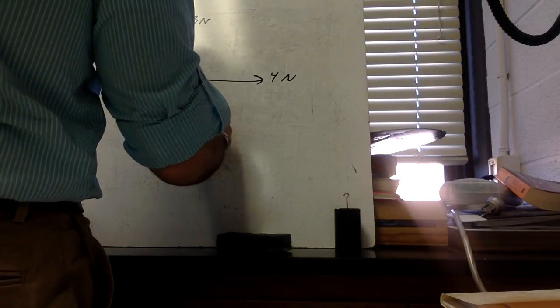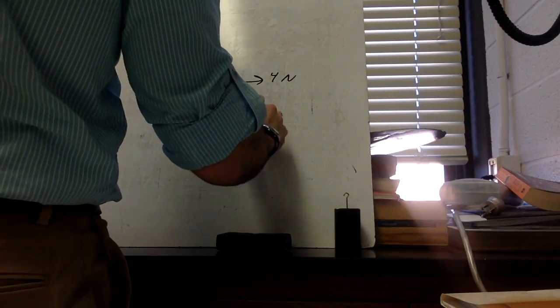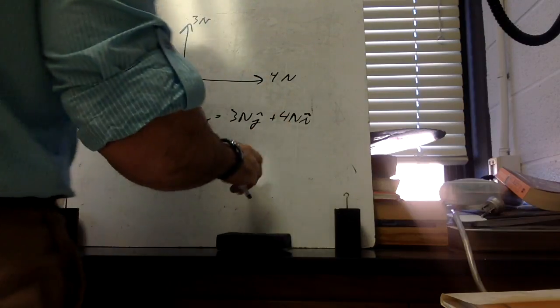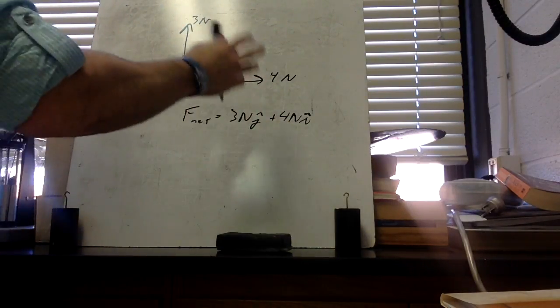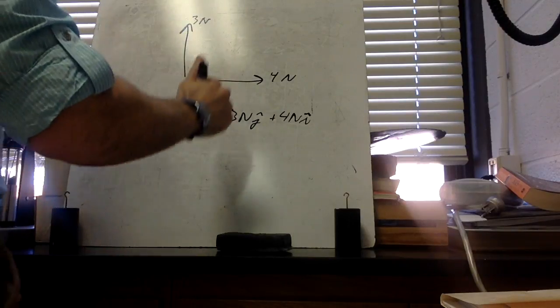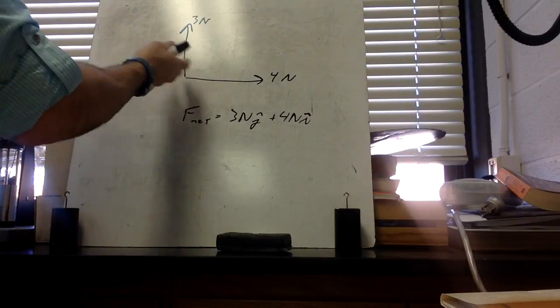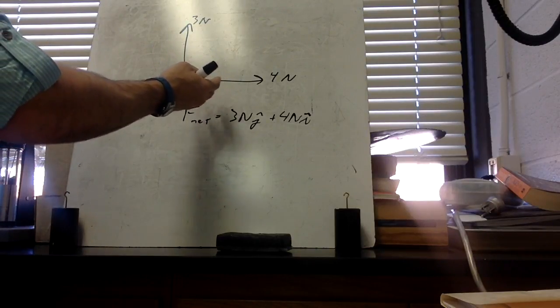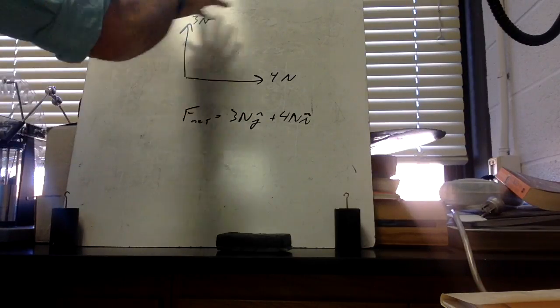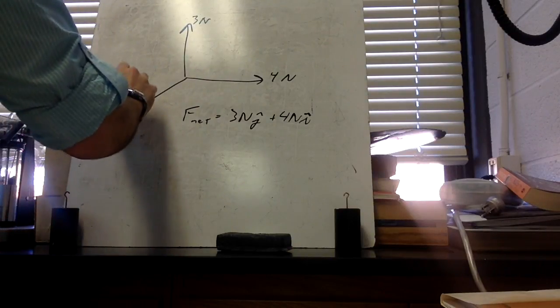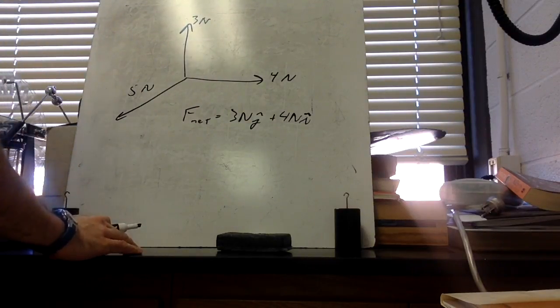So F net is 3 newtons J plus 4 newtons in the I direction. And I could probably switch that, but we'll leave it for now. So the sum of these forces, the magnitude, is going to be 5. So what force do I have to add to this in order to balance these two? Because right now this is out of equilibrium. If I add a 5 newton force this way, then that'll work.